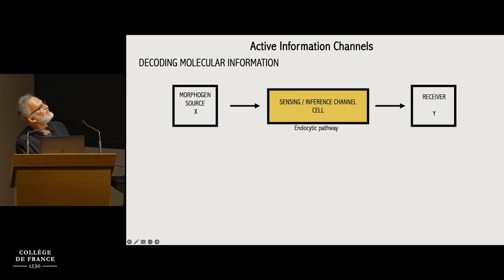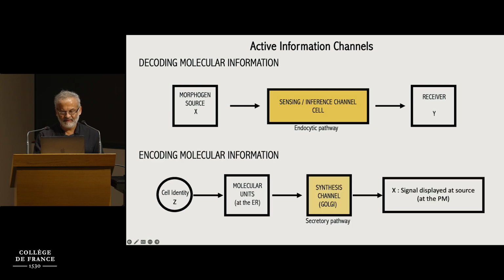Okay, we're going to treat the channel as being an active information channel, and we'll ask what are the optimal properties of the channel that ensure the fidelity of the result that you're after. Okay, that drives the fidelity of a global or local objective biological function. So this would be what we're going to do in the encoding part.